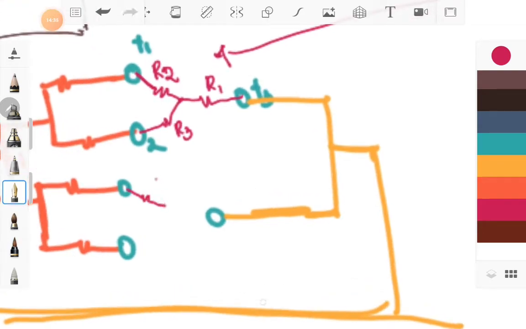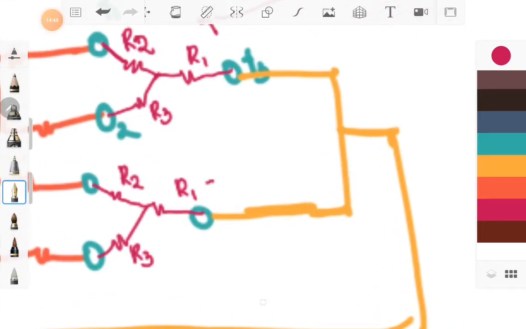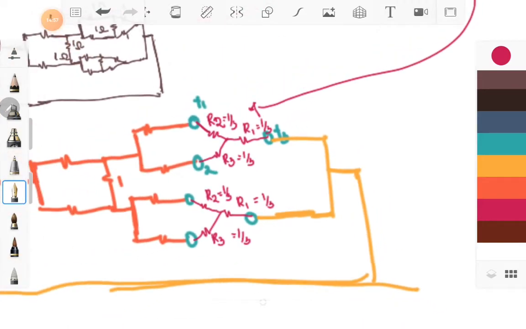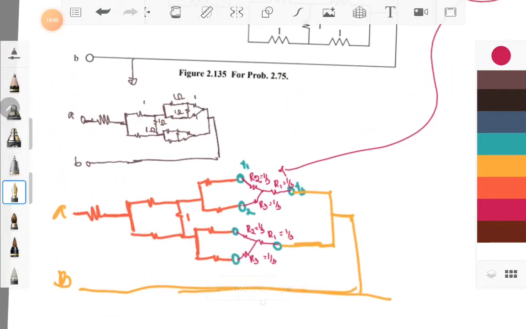So this is also your R2, R1, and your R3, right? Which is equal to 1/3. Okay. Tama?